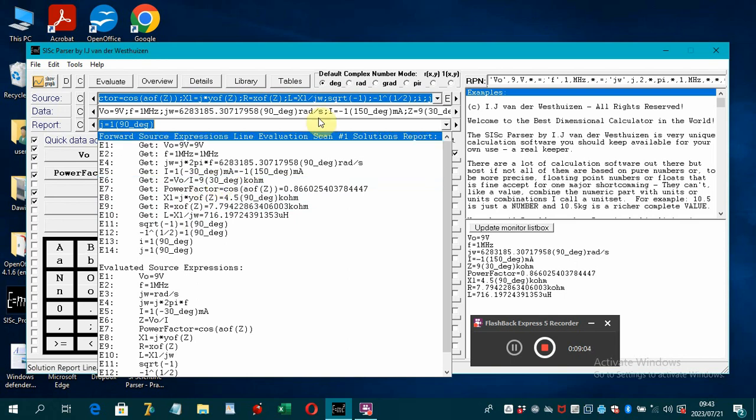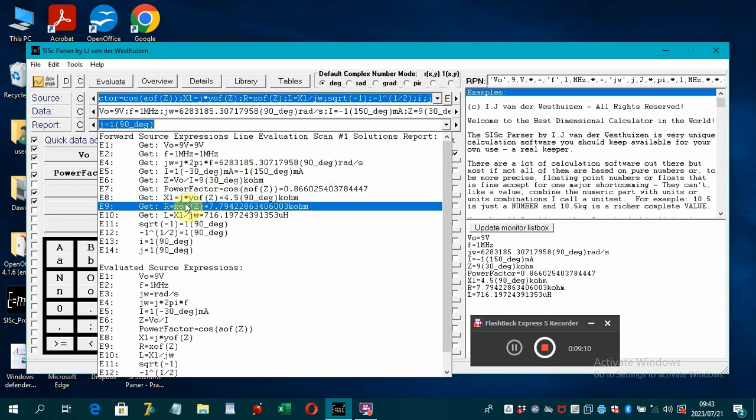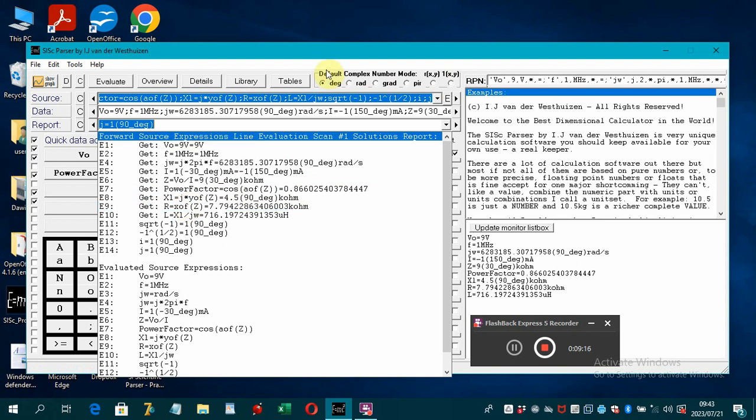But when we do it in that mode, there, you will see it's in the XY component form. That's what's so nice about the parser. You can output your values in any complex number mode. Now, this is for outputted values, so the way it will output values in complex mode.